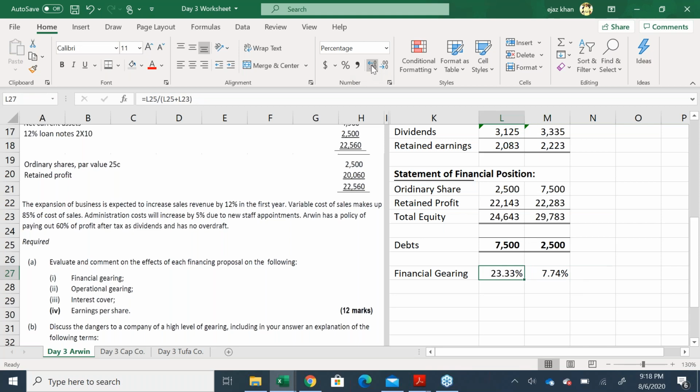7.74% and 23.33%. It means that of your total capital, which is the sum of these two, 23.33% will be your debts in case you issue new debts. And if you go with your equity finance, your total gearing, that is total debts out of the total investment, will be only 7.74%.